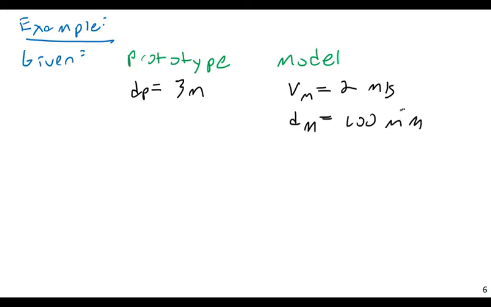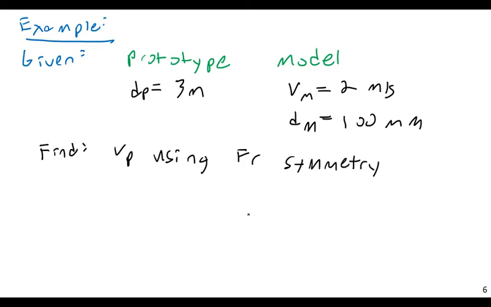So instead of building something that is 3 meters wide, which would be quite long, I can instead use something that's only 10 centimeters long, which is much easier to work with. And I want to find the velocity of the prototype, or the real thing, using Froude similarity. Really, all we're doing is setting one Froude number equal to the other. So this one's fairly straightforward.